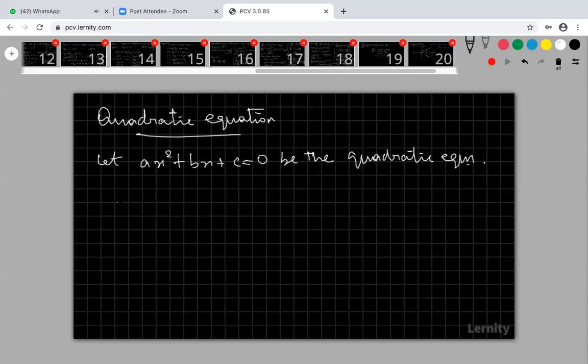Right. We know the discriminant. What is discriminant? My delta is equal to b square minus 4ac. Discriminant is b square minus 4ac. So if this discriminant delta is less than 0, that means b square minus 4ac is less than 0.